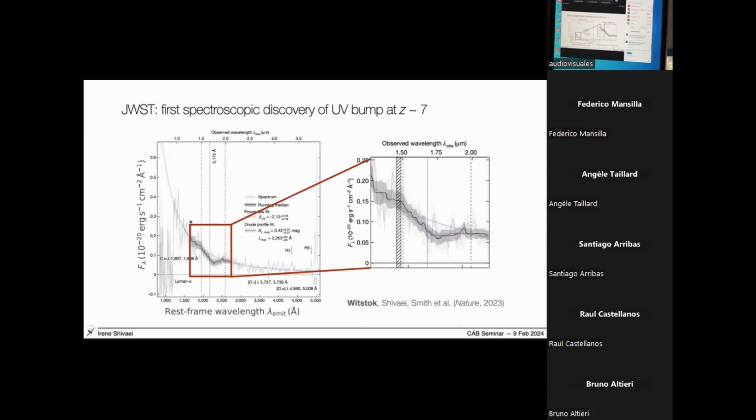So in a study last year, with the very first data from JWST, we saw a very strong indication of the bump in a redshift 7 galaxy. Now, this was very exciting because you wouldn't expect this large amount of dust in such young galaxies.